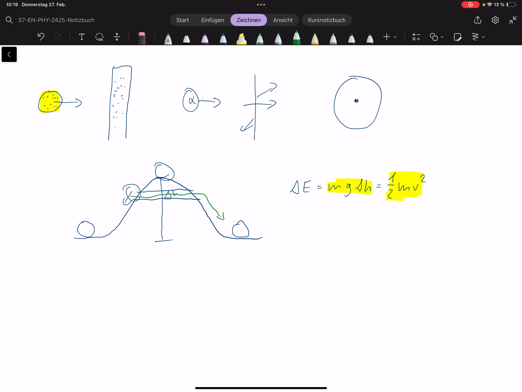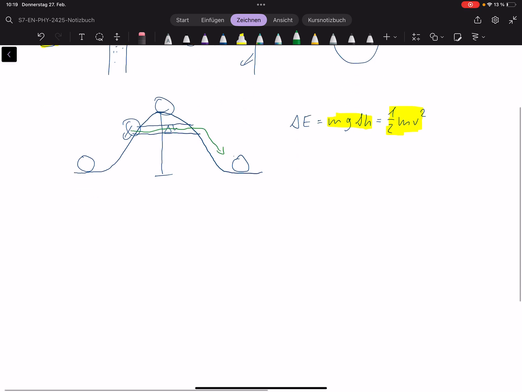And indeed, the tunnel effect explains the alpha decay. So if we look at a big nucleus of an atom, the alpha particle is made of two protons and two neutrons. But we have the strong forces that act on these nucleons.